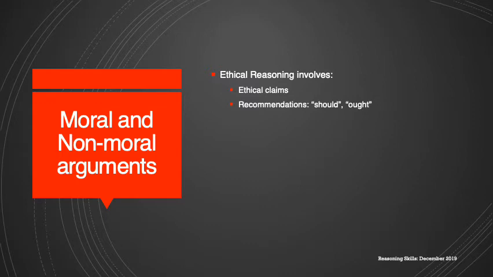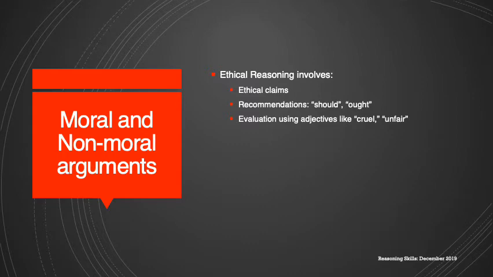These are the prescriptive words that mark a value being involved. When you say that you should do something, you're saying that action would be valuable. That doesn't necessarily have to be a moral value. It could be another kind of value. We'll get into that in a second. But should and ought mark claims as being about values.